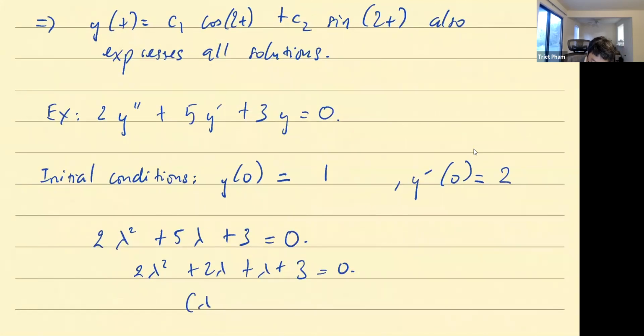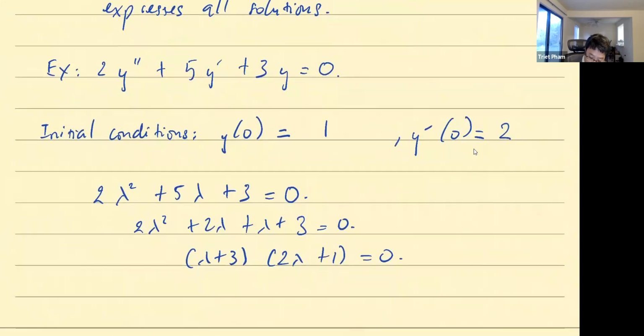So that's lambda plus 3 times 2 lambda plus 1 is equal to 0. So we got the solution to be C1 e to minus 3t plus C2 e to minus 1/2 t. Oh, sorry, not equal to 0.